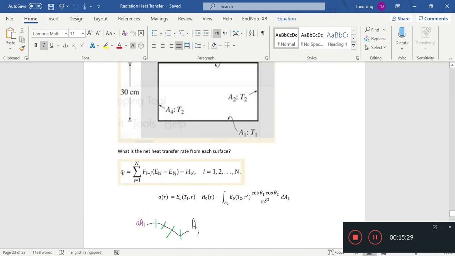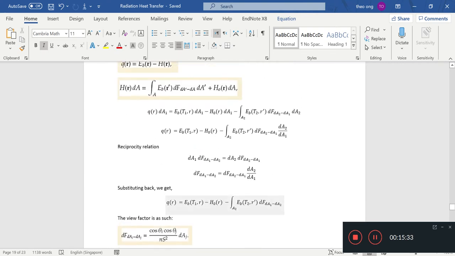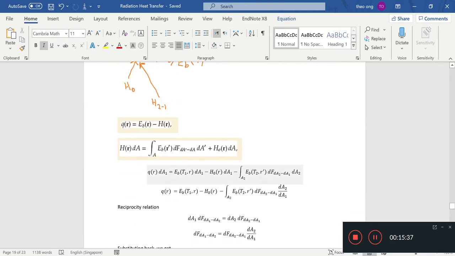And if we take a look at the black body version, we find that QR dA1 equals EBR, the radiosity equivalent, minus HR. HR is all of this here, which is H0R, the external radiation, minus the contribution from the other surface, which is this term I'm highlighting here.